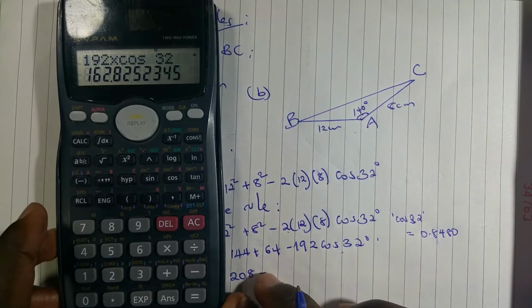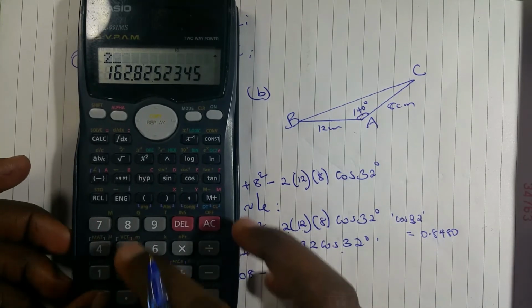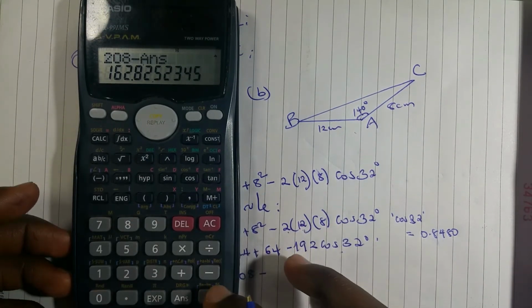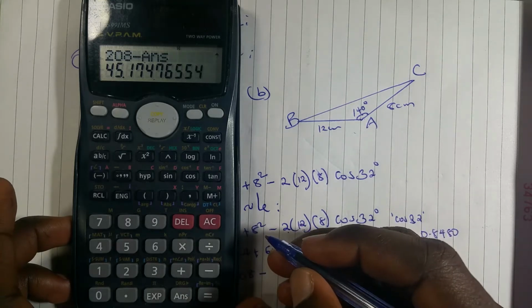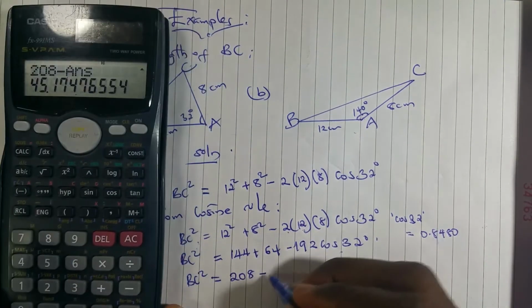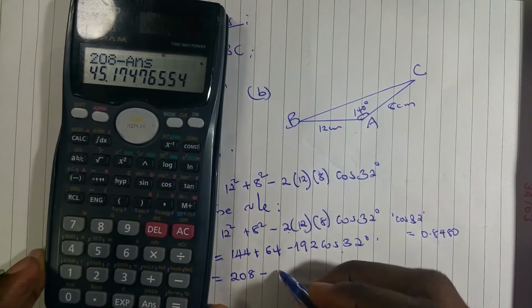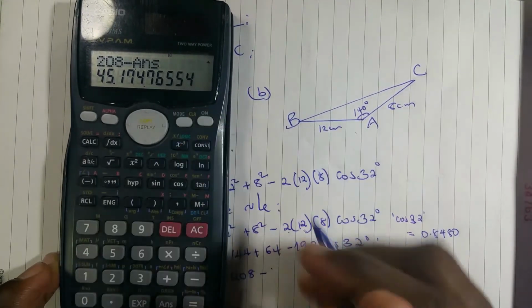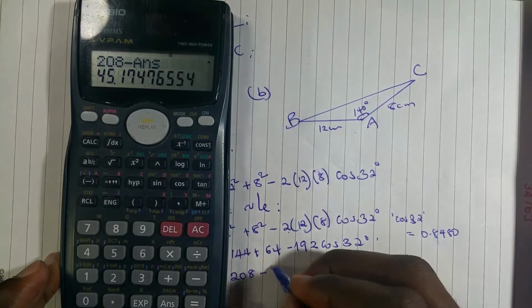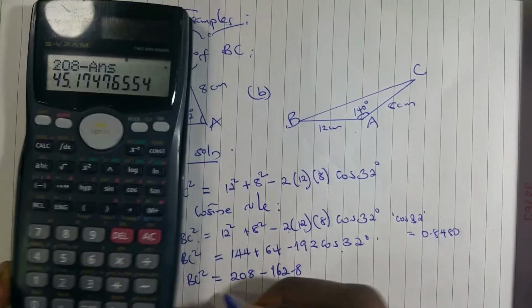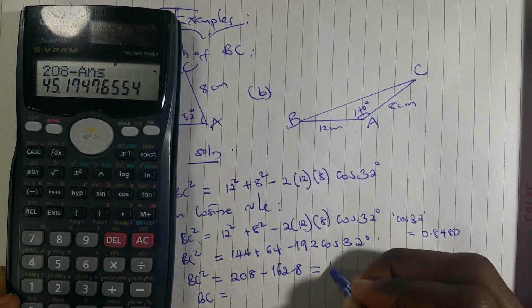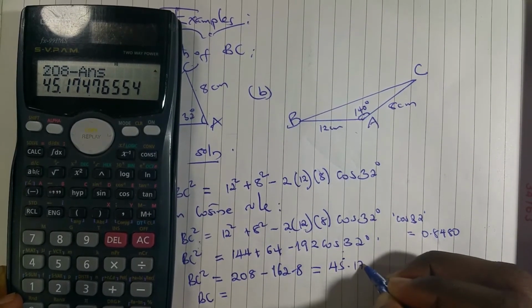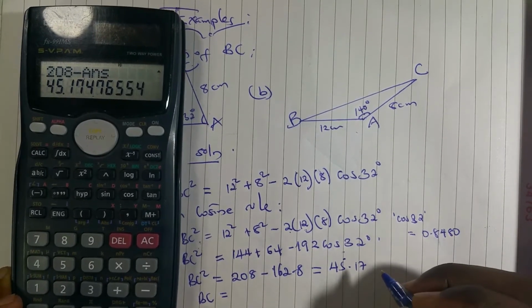So we have 208 minus our answer. What will we have? 45.17. So here BC squared is 45.17, to 2 decimal places.